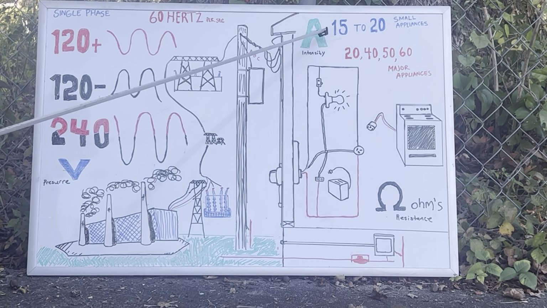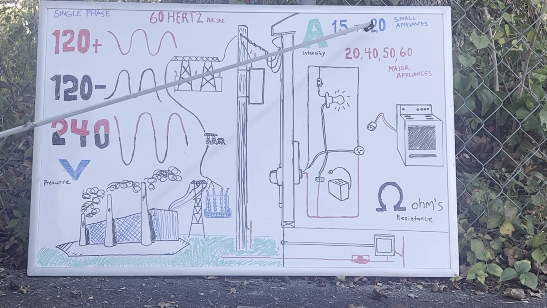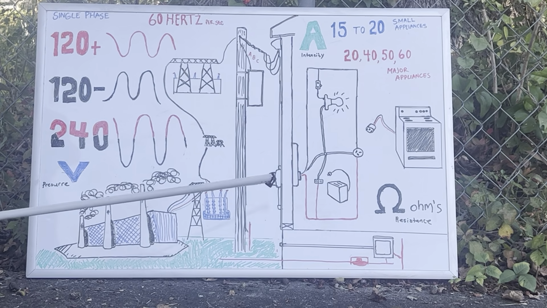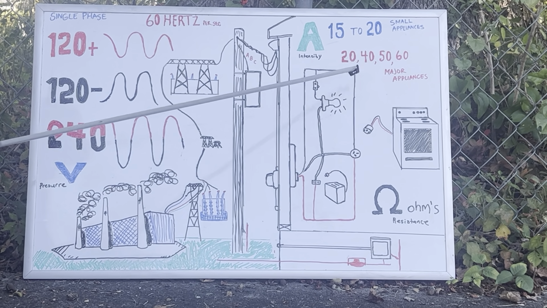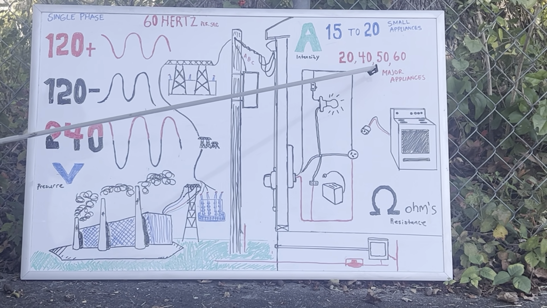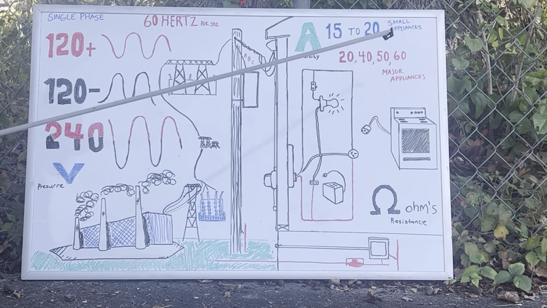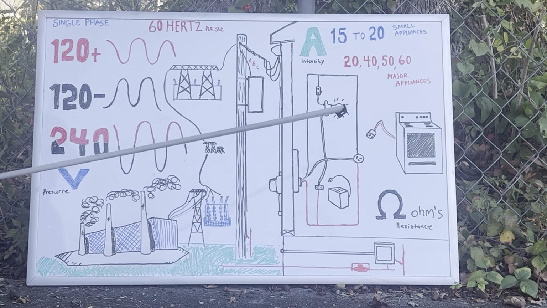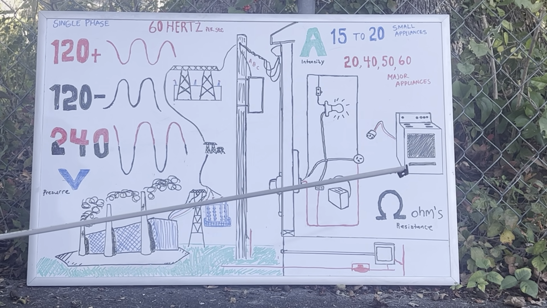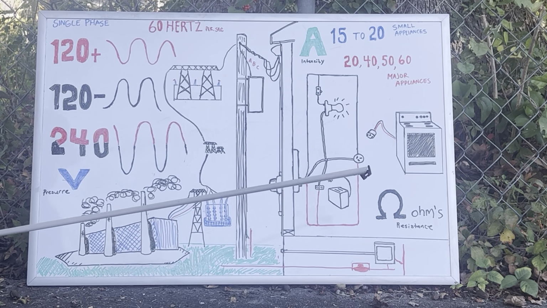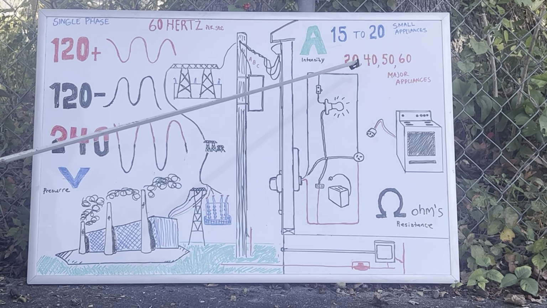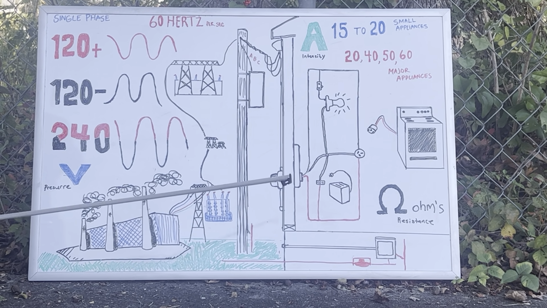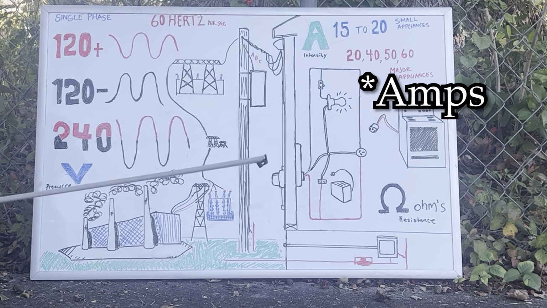Normally with amps in your circuit, you're gonna have 15 to 20 amps for small appliances, right? And then for your major appliances, you can have 20, 40, 50, or 60 amp breakers in your electrical panel.